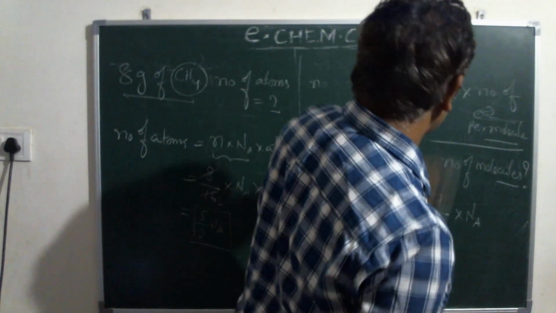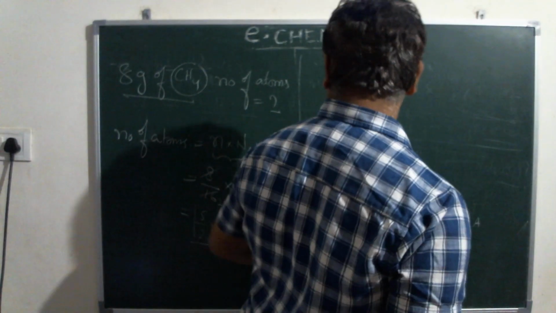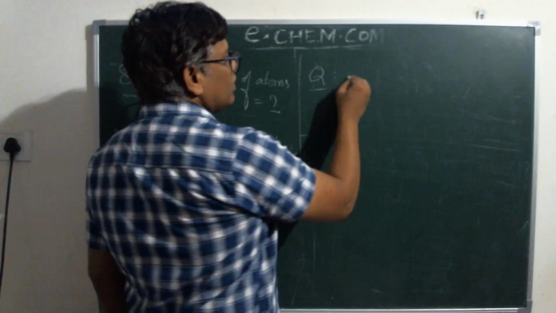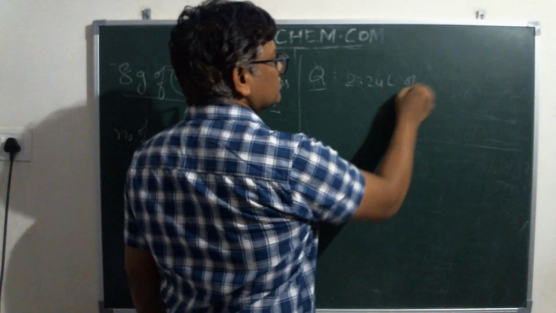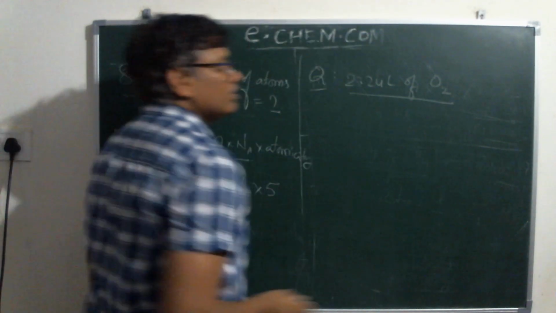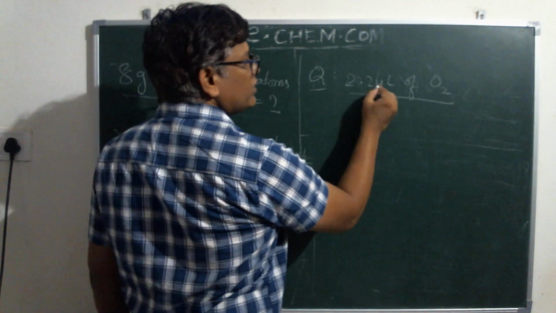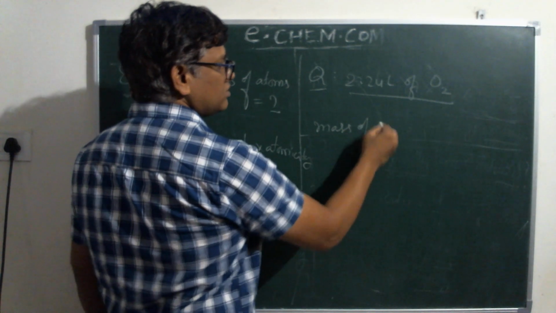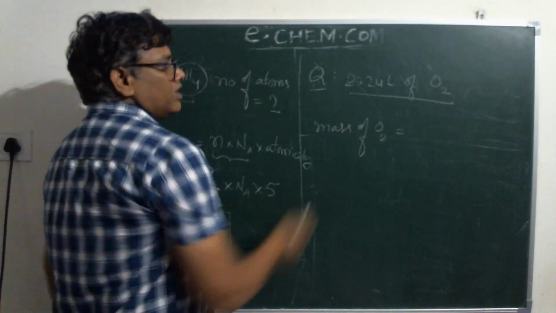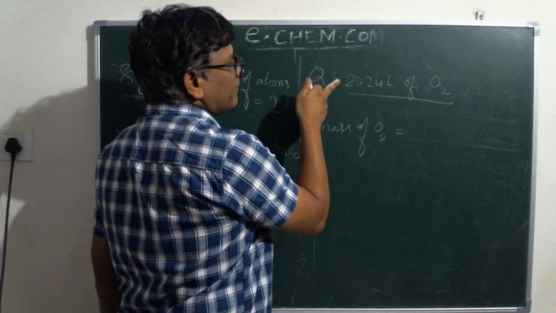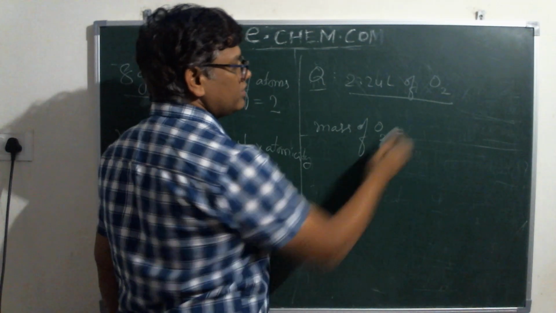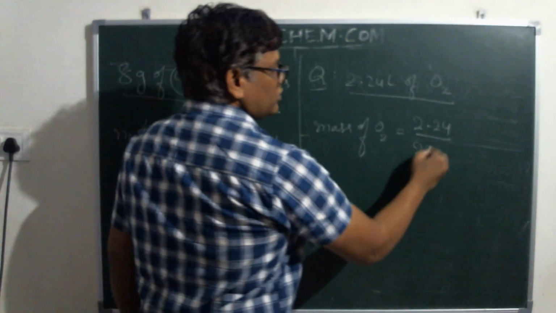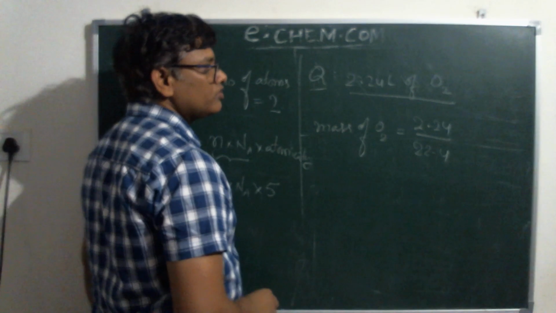Let's go for some more calculations here. For example, I am taking 2.24 liters of oxygen. I want to calculate the total mass of 2.24 liters of oxygen. The mass of oxygen is equal to the number of moles multiplied by molar mass. I should convert the given volume: 2.24 divided by 22.4, that is the gram molar volume.